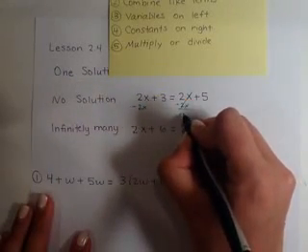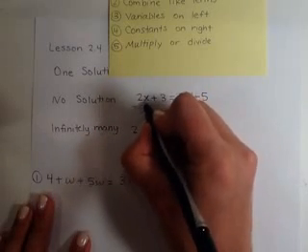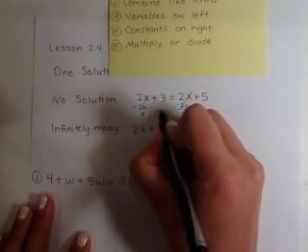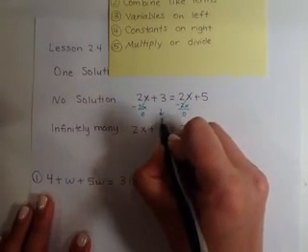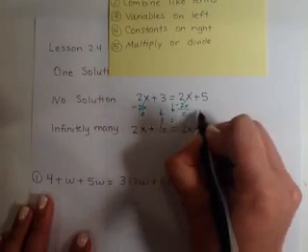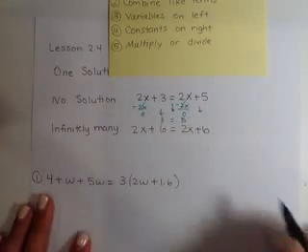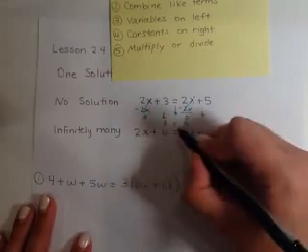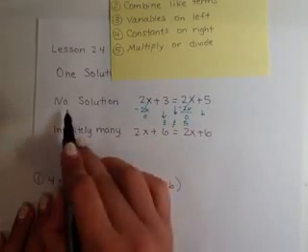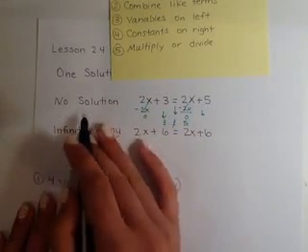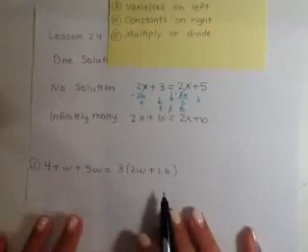Well, that cancels out and gives me 0. Well, this cancels out and gives me 0. So I bring down what I have left, and that says 3 equals 5. Well, does 3 equal 5? It does not. So that is why it is considered a no solution.